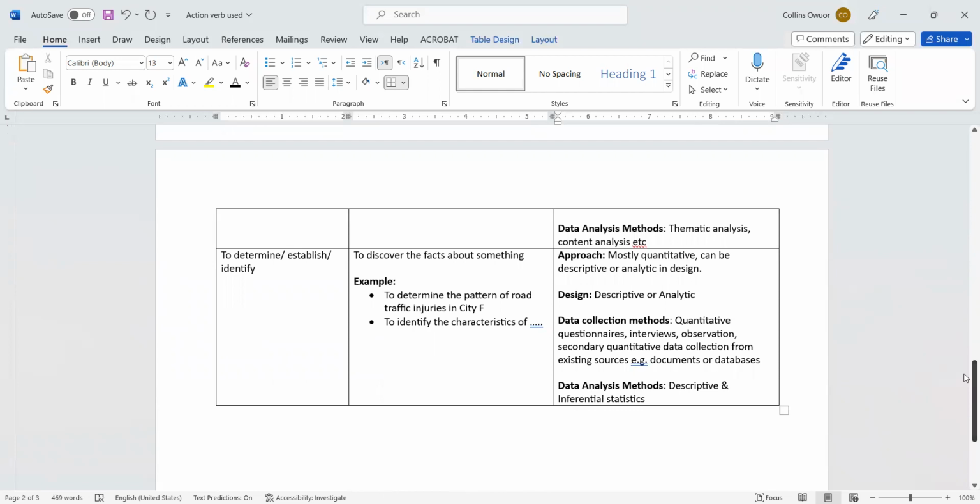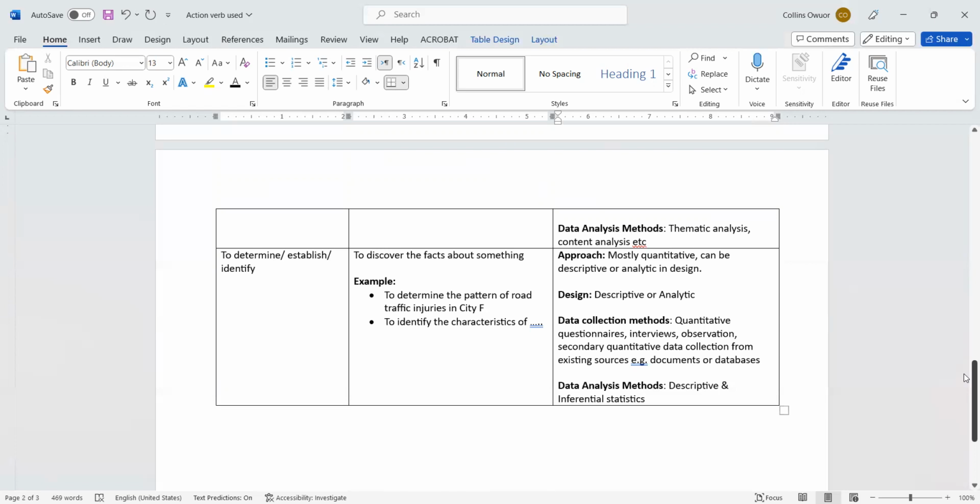Data analysis could include the identification of themes, what we call thematic analysis, identifying the most occurring or common themes from the qualitative data collected through focus group discussions, qualitative interviews, and so on.